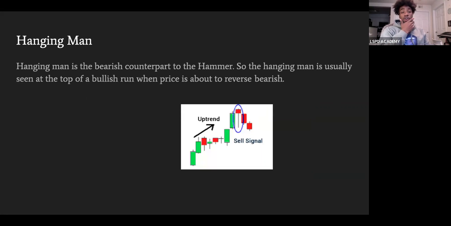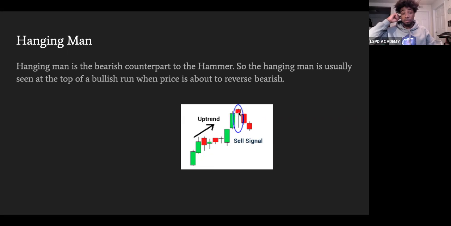Now, next we have our hanging man. This is a trend that reverses from an uptrend. We see price in an uptrend, we see the formation of this hanging man, and we see price start to reverse to the downside. A hanging man is pretty much the bearish counterpart of a hammer. You're still going to have that small real body. I know this is indicating a bearish candle, but sometimes that candle can even be bullish.